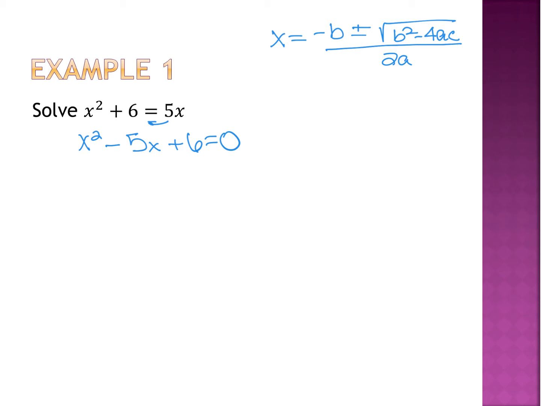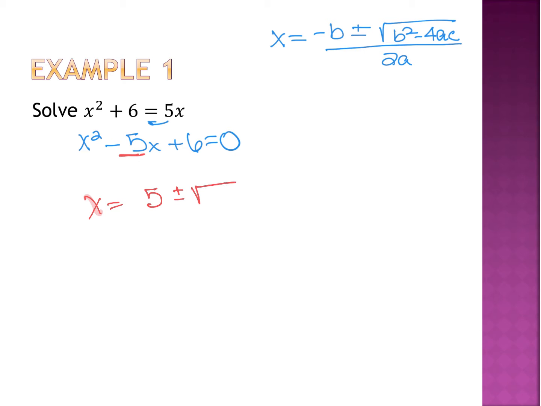So when I go to set this up, I have x equals the opposite of b. Well, here my negative 5 is b, so the opposite of that would be a positive 5.